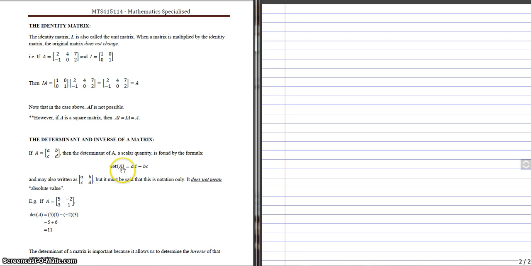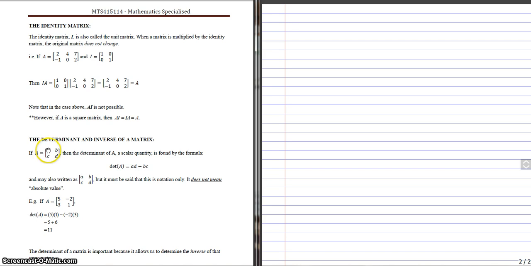We often have the determinant of A being represented by det A in brackets, and we work that out by going a times d, which is our main diagonal elements multiplying together, minus b times c, that's our reverse diagonal.